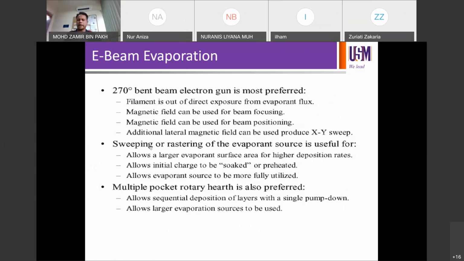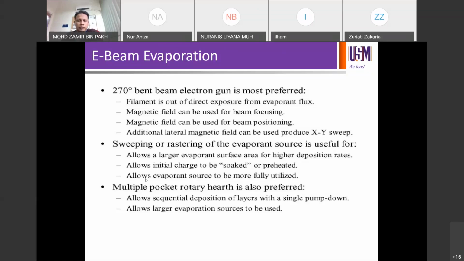Okay, so you can see the mechanism on the YouTube video on the link, right? On the animation, you can see how the beam is being bent to hit the precursor material to enable e-beam evaporation. You can also use multiple pockets. Multiple pocket process means if you want to evaporate compounds, for example, we discussed CZTS, then you may need to use multiple pocket deposition because the vapor pressures and the melting points of different materials are different.